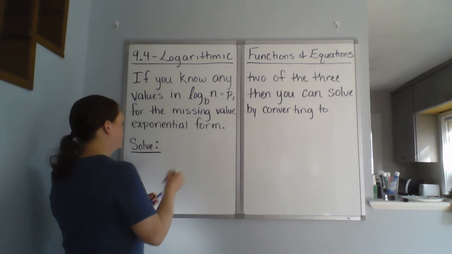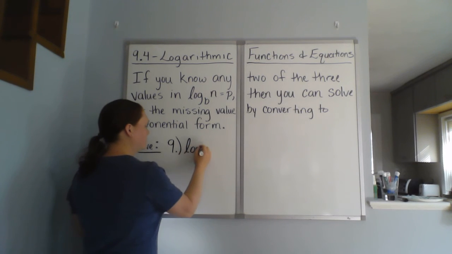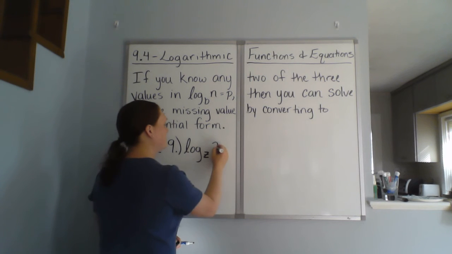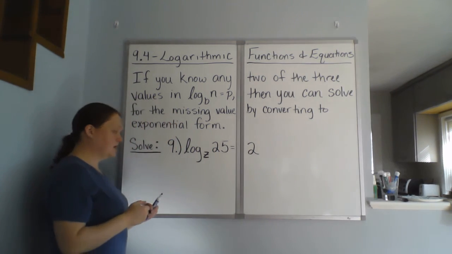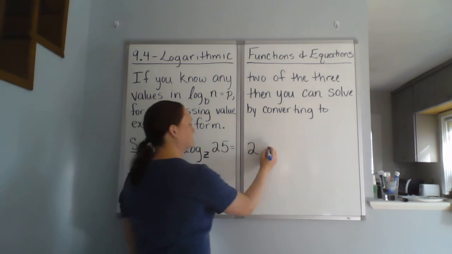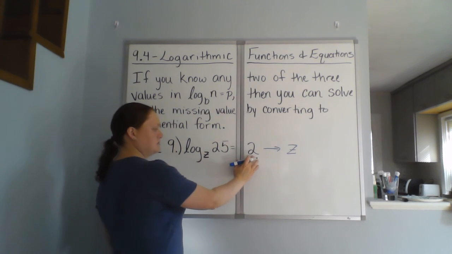So here's number 9. Log base z of 25 is equal to 2. Okay? So start off by writing that in exponential form. So the base is a z. The exponent is what we're equal to, that's the 2.